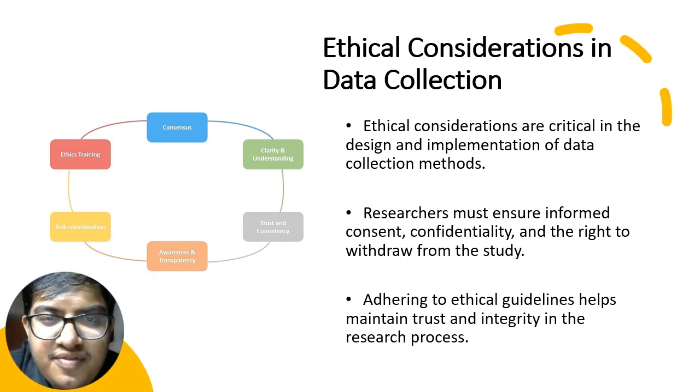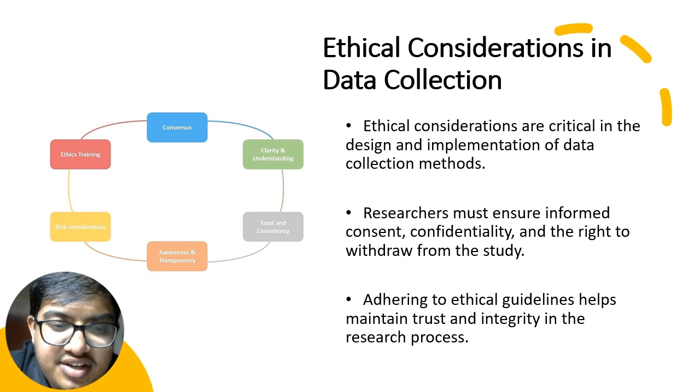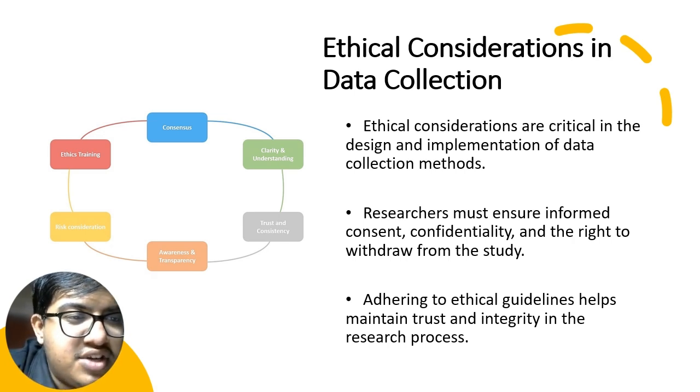These are some of the ethical considerations you must have while doing research. Researchers must adhere to ethical guidelines, as it helps maintain trust and integrity in the research process. As you can see in the diagram, what you need to achieve this and what you achieve from it.